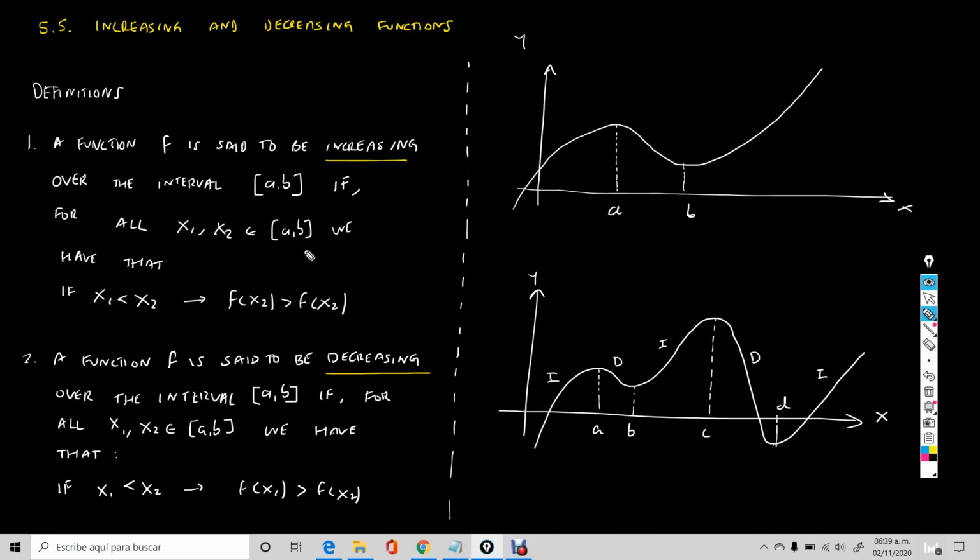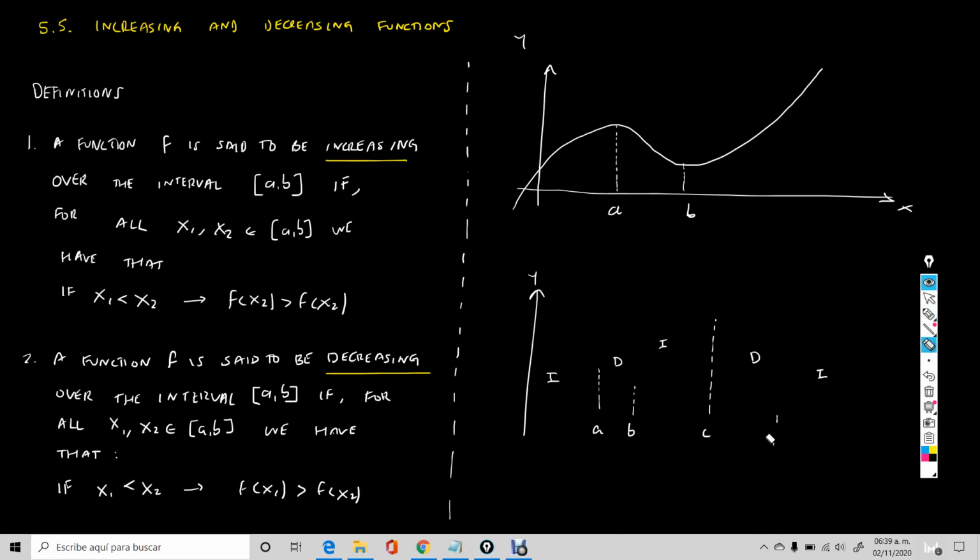And these are the formal definitions, these two definitions. Let me erase this second diagram. And let's talk about the definitions very quickly.